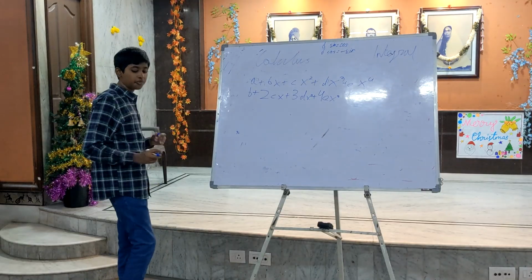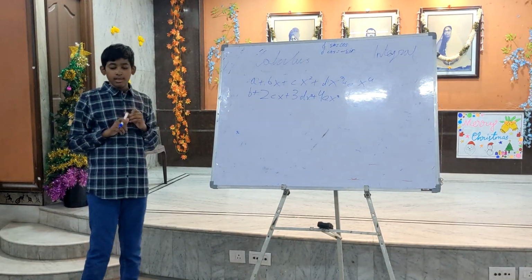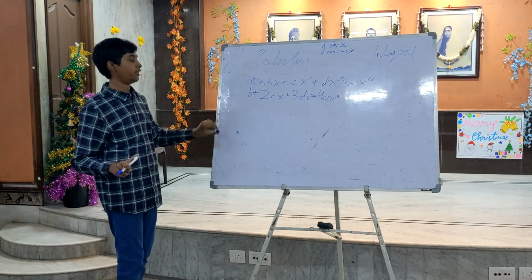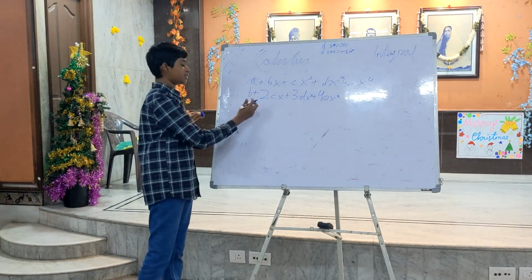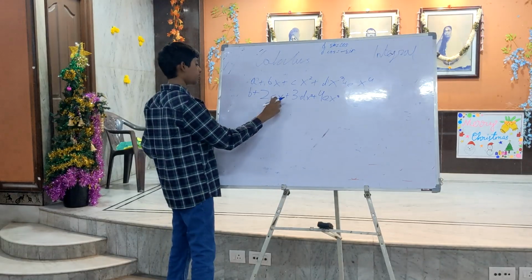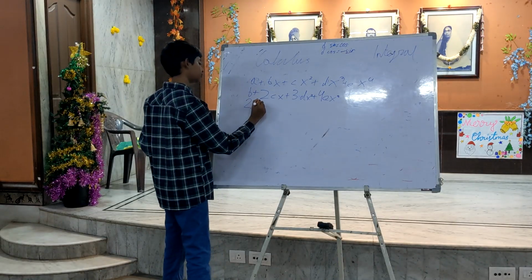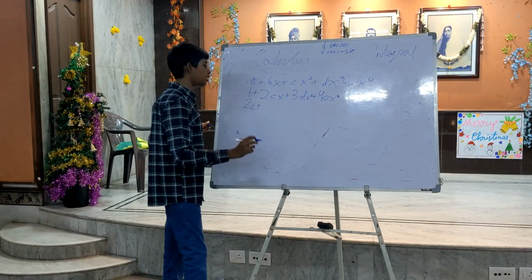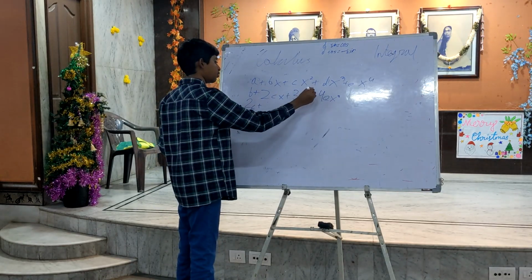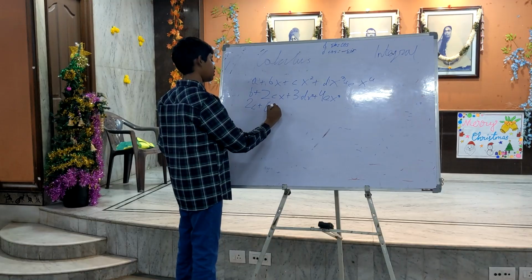Now this is the first derivative. Now I am going to do something interesting by taking the derivative of the derivative. The b is a constant that goes to 0 when we take this derivative. The 2cx becomes 2c. 3dx squared becomes 3 times 2, which is 6, times dx.